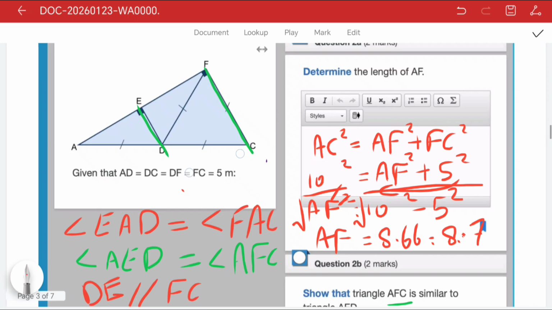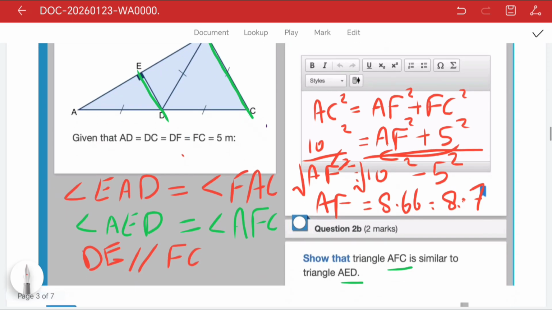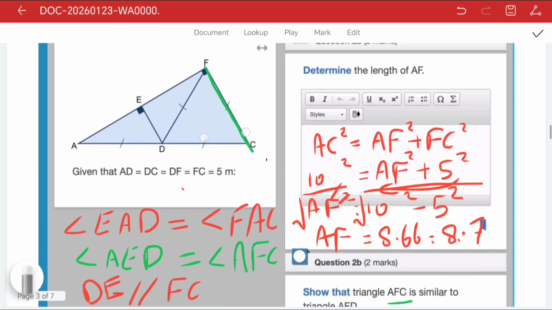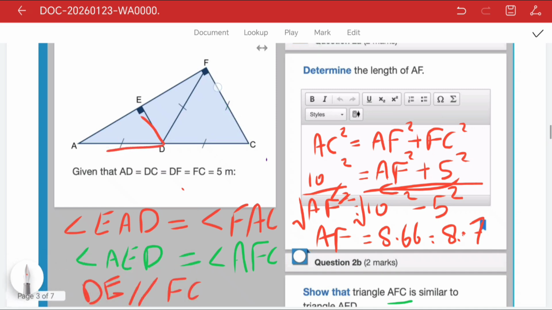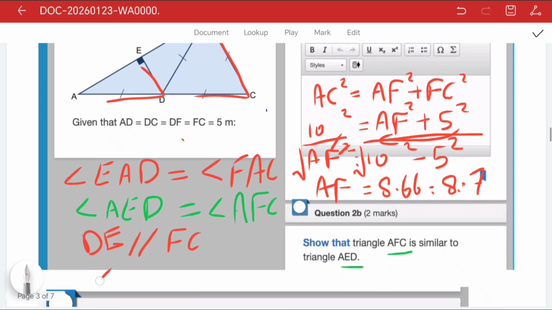If two lines are parallel, it means this angle is equal to this angle. So it means angle ADE equals angle ACF.